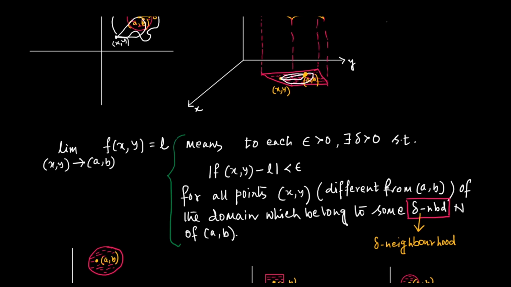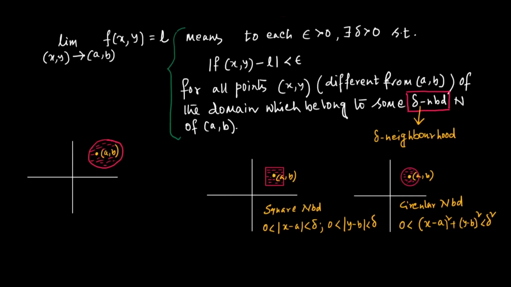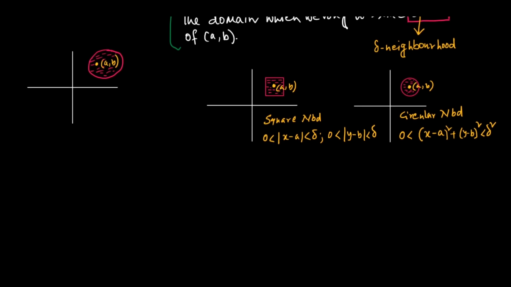So, to summarize, this definition tells us that whenever xy approaches closer to AB through any of the infinite number of possible paths, f(x,y) approaches closer to the value L, then we say that the limit as xy tends to AB of f(x,y) equals L. If I just write one line, what does this definition tell us?